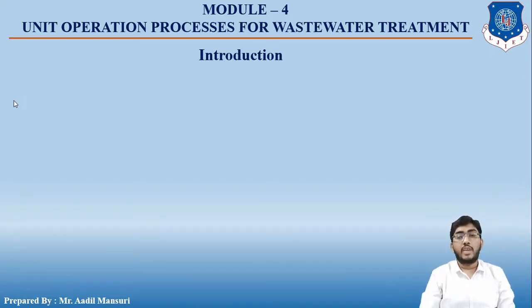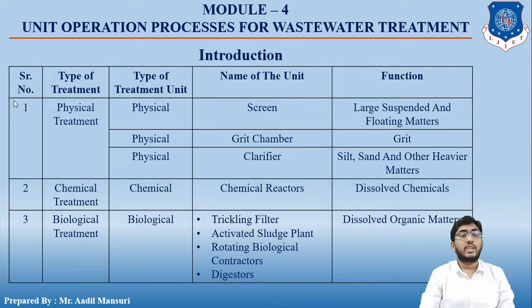So let us have a look at the table. You can see from the table that the first column says numbers, the second is the type of treatment, that is physical, chemical or biological treatment, the third column says which type of treatment unit it is, the fourth column says the name of the unit, and the fifth column says the function.